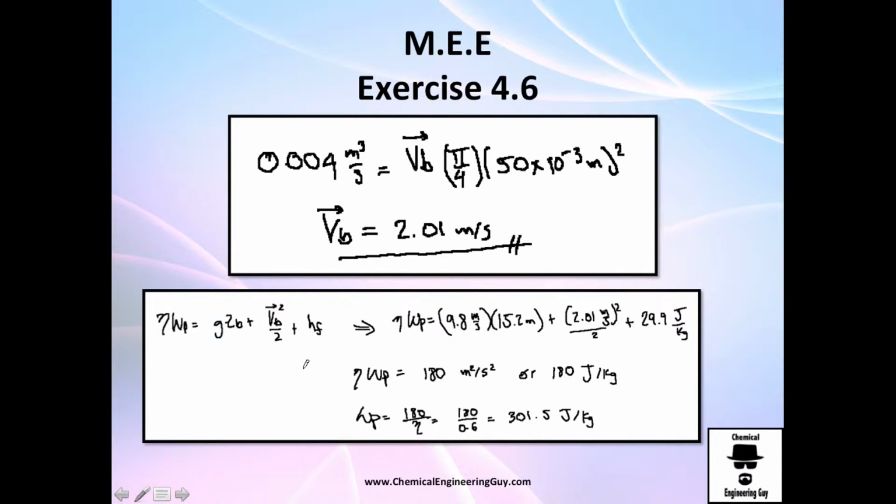Okay, nice one. So we got this number, we got the height and gravity, and we got the velocity. So technically speaking, we are done in order to get the head of the system. Let's do it. Gravity times height, which is 15.2 meters, that was given. The new velocity I just calculated is right here, squared divided by 2, don't forget, and the loss of energy.